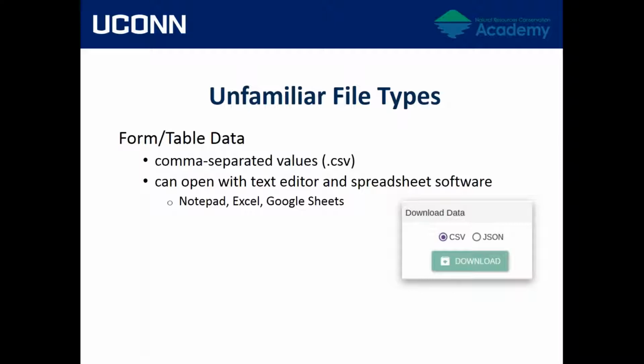So a basic text editor like a notepad program or spreadsheet software such as Excel or Google Sheets can open a comma-separated value file. And it really is just usually columns of data that are separated by commas. And then when you open it, depending on which program you use, it's actually organized into real columns and you don't see the commas.